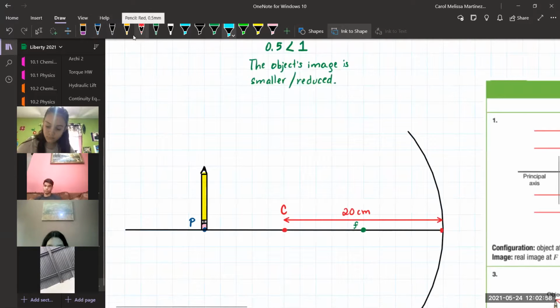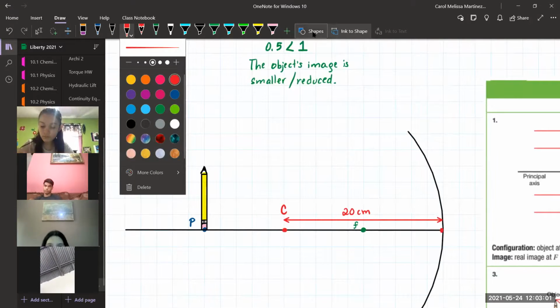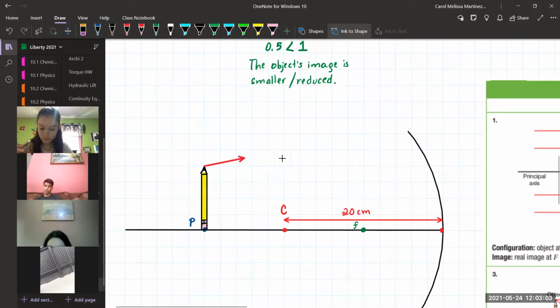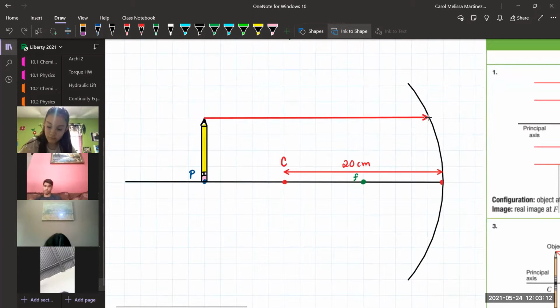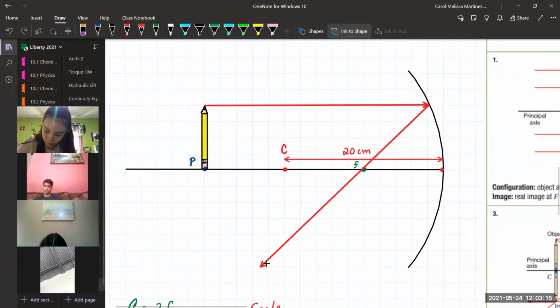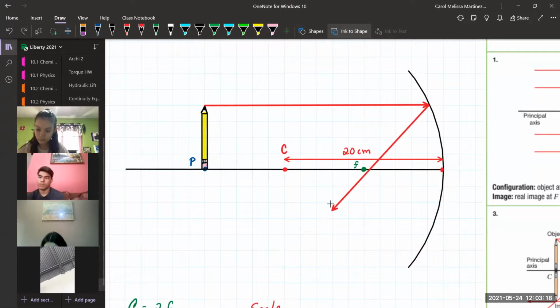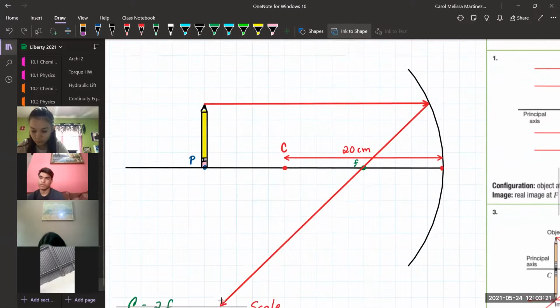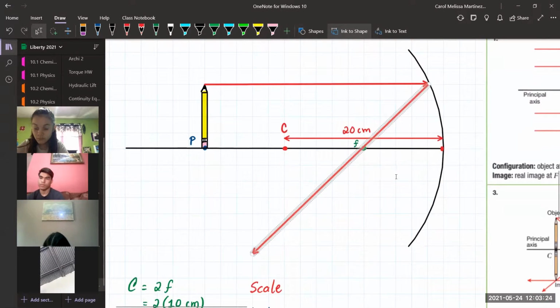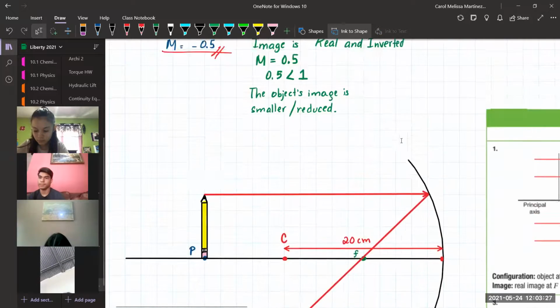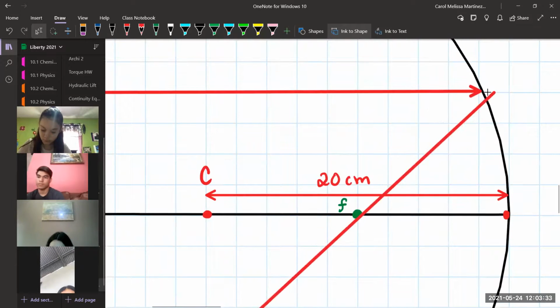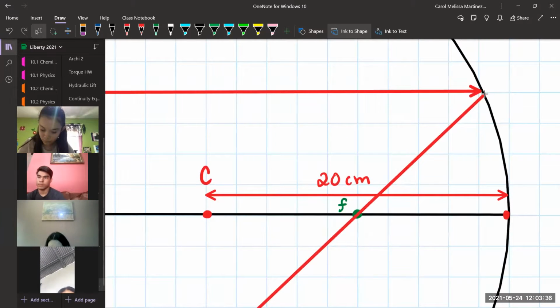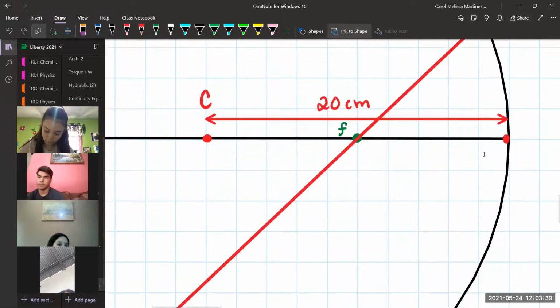So it says from the tip of my pencil to my mirror, and then from my mirror passing through the point F. This should be very well drawn.